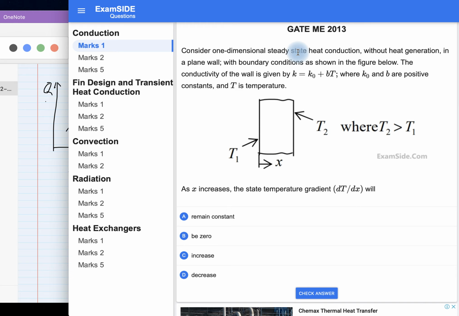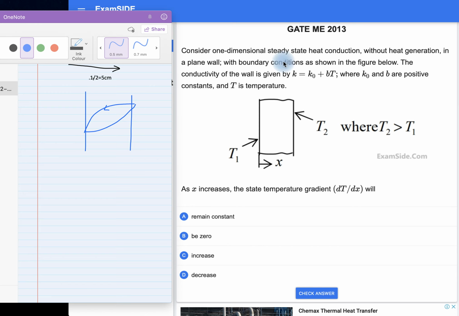Assuming one-dimensional steady-state heat conduction without heat generation in a plane wall with boundary conditions, how will we solve this question? Usually if our conductivity changes with respect to temperature, then our temperature drop will be like this, if B is positive and x in this direction.